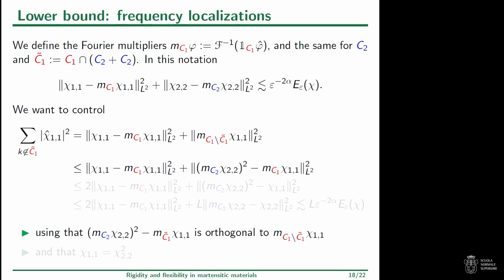Now I add and subtract Chi11. So I get back this term that is nicely controlled, and then I have the difference: the restriction in Fourier space of Chi22 in the big cone minus Chi11. Here we use again the fact that Chi11 can be written as Chi22 squared, because now I have exactly this term, but between the squares.